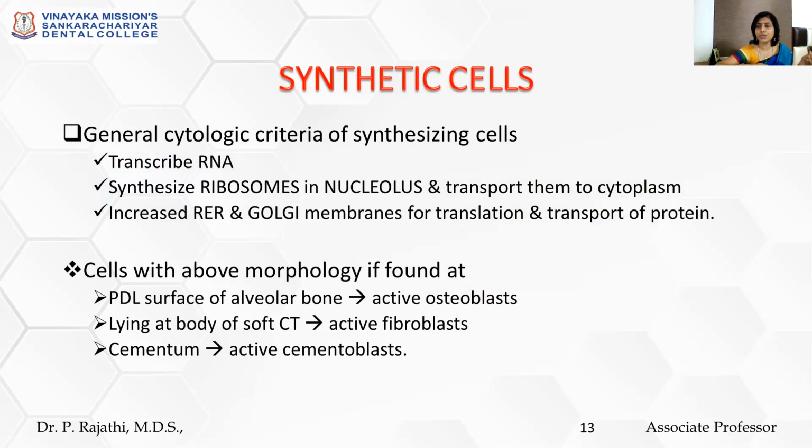That is how it is going to synthesize, right? If you see these kinds of cells lying close to the periodontal surface of the alveolar bone, you call it an active osteoblast. If it is found next to the cementum, you call it a cementoblast. If these synthetic cells are present within the fibrous connective tissue in the periodontal ligament, you call them fibroblast cells.